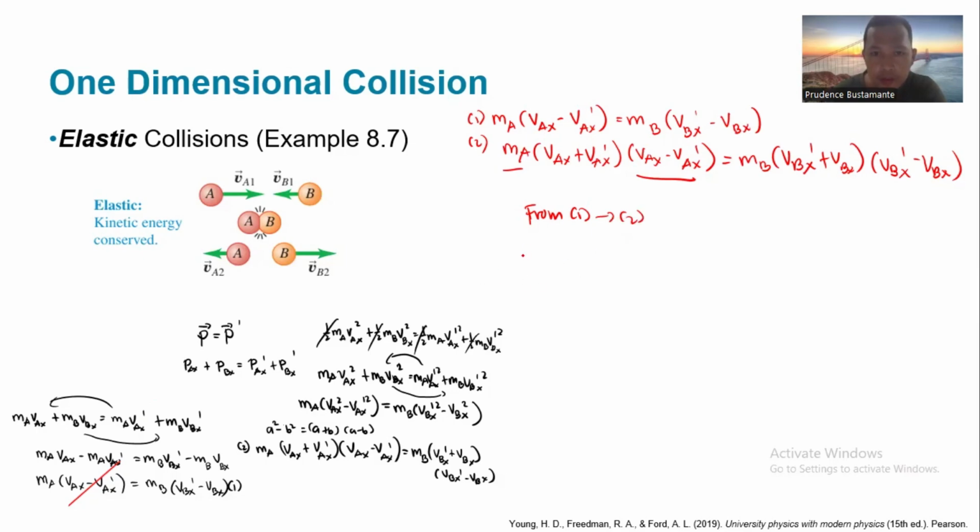So equation 2 becomes MB times VBX prime minus VBX, in exchange for this one, which is equal to MB.